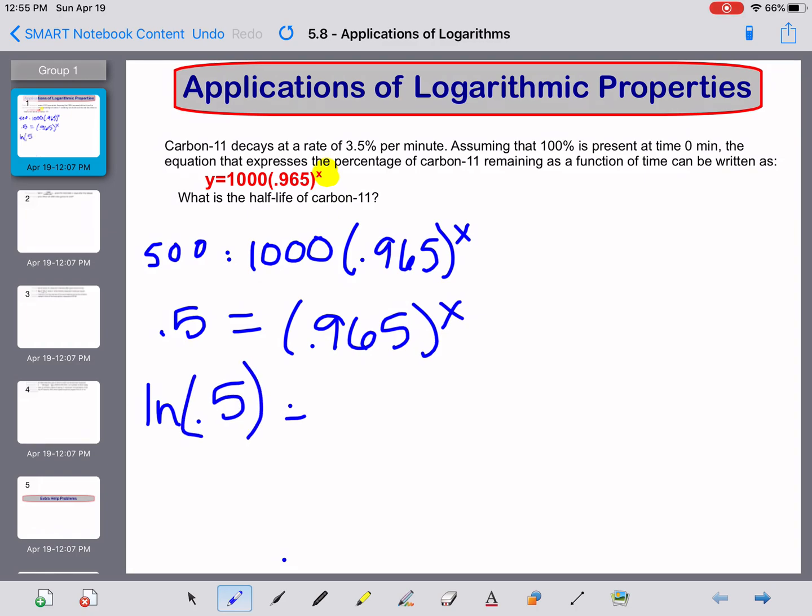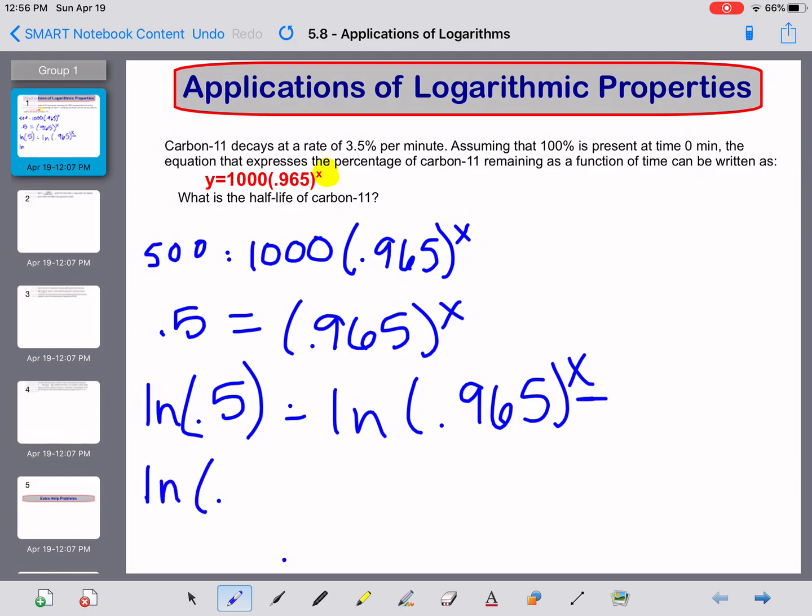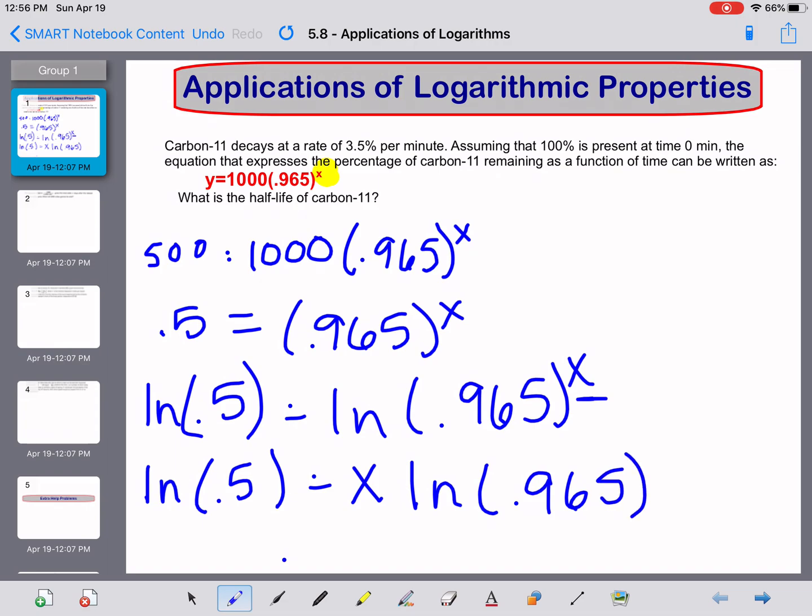Natural log of 0.5 equals natural log of 0.965 to the x. Remember, the reason I do that is because with the properties that I have, I can bring this x value down in front, so that this comes down to natural log of 0.5 equals x times natural log of 0.965, which is perfect, because now I can simply divide by natural log of 0.965.